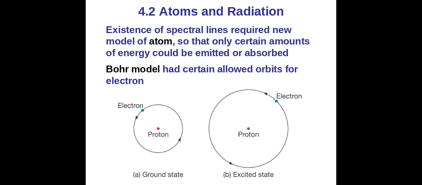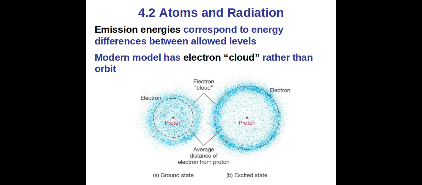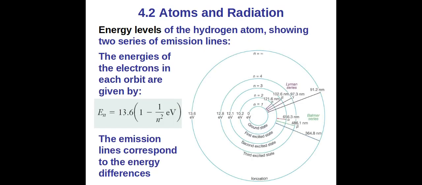It basically pushes the electrons away from the nucleus. This is what it looks like in more of an electron cloud model, where rather than seeing a distinct orbital, you see the electron's basically further away from the nucleus than it would be if it was closer. And there are all different kinds of excited states.